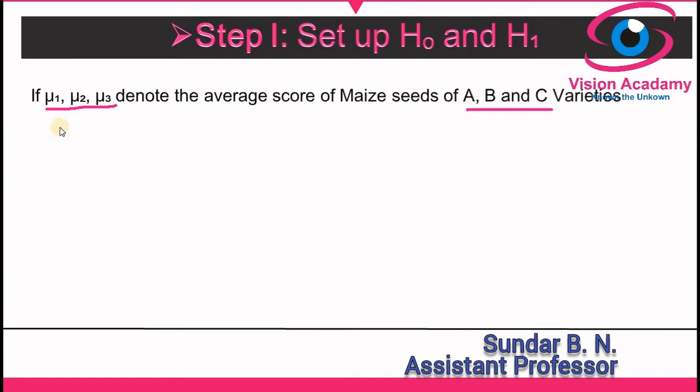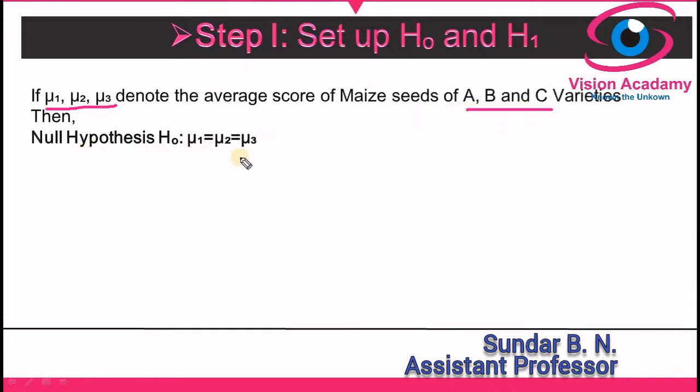So we have denoted mu1, mu2, mu3 for varieties A, B, C. Then our null hypothesis would be mu1 equals mu2 equals mu3. In the problem they have asked us to test if there are any significant differences among the three varieties.